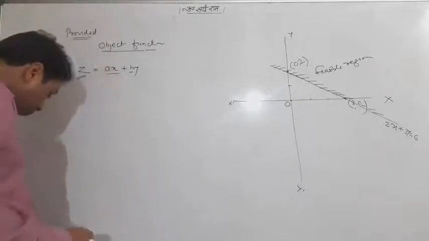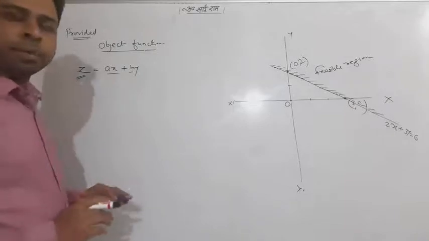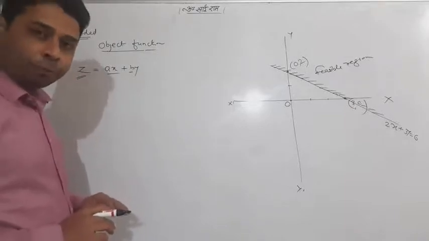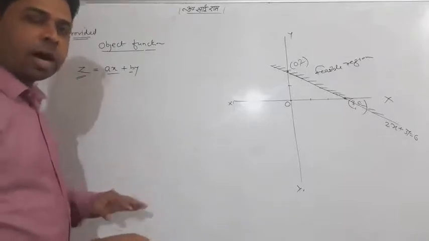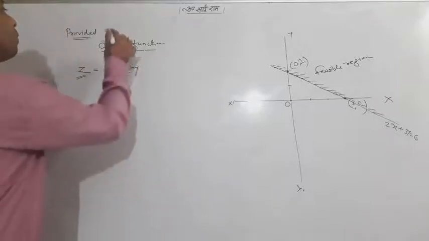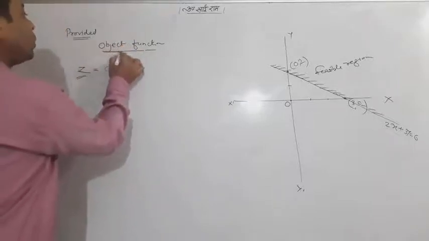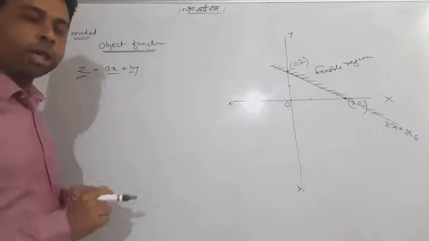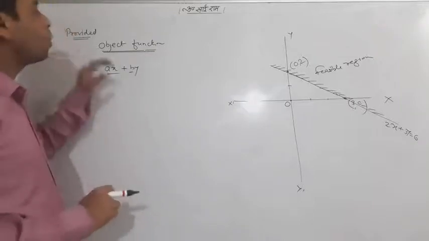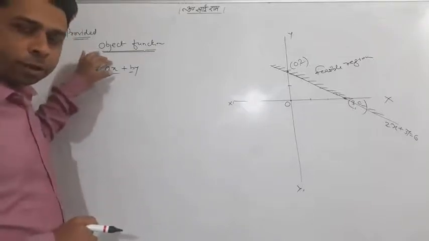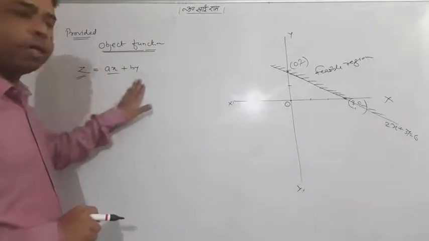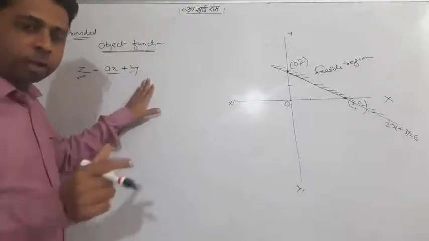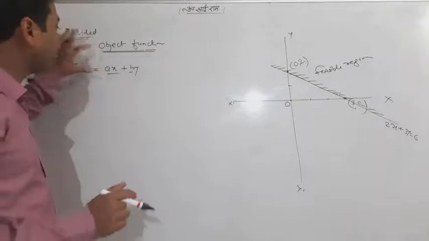This time that particular definition is a bit tough, but I tell you it is so easy. Just remember initially that the objective function is a function which normally gives us a linear expression in x and y and is given by z.